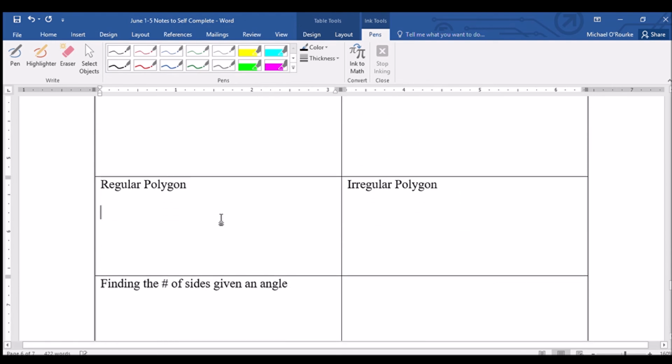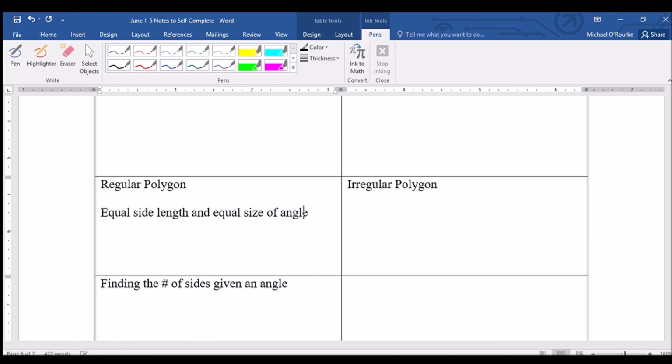These ones here we've done before. A regular polygon has equal side lengths and equal angle sizes. And this one here would be different side and angle measures.